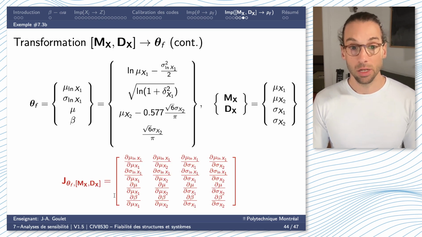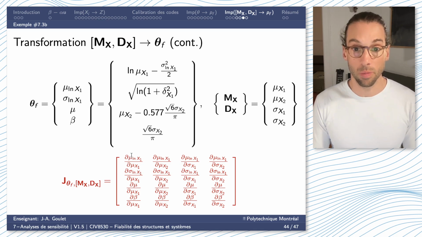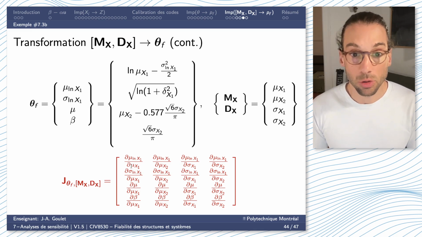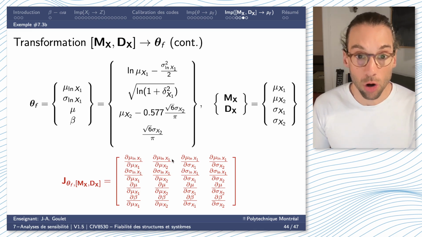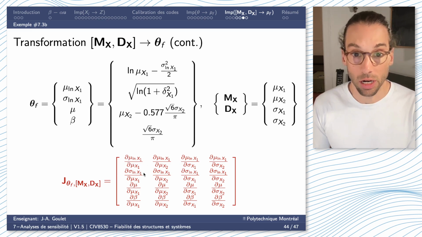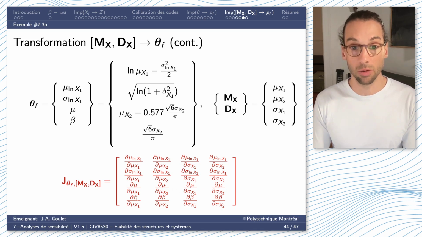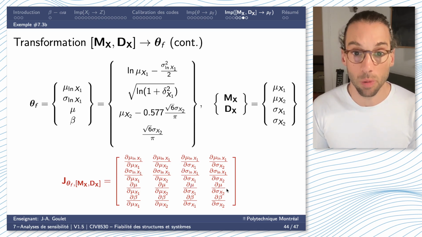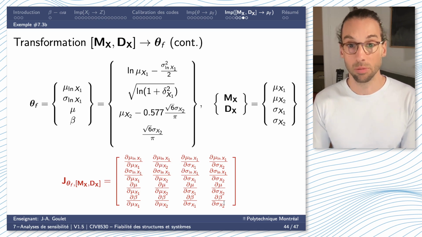So in that case, we are going to build that Jacobian matrix. We have here 4 parameters, which correspond to my 4 lines. So we're going to have mu, lambda, zeta, mu, and beta. And my 4 columns will correspond to my 4 moments, mu of x1, mu of x2, sigma of x1, sigma of x2.